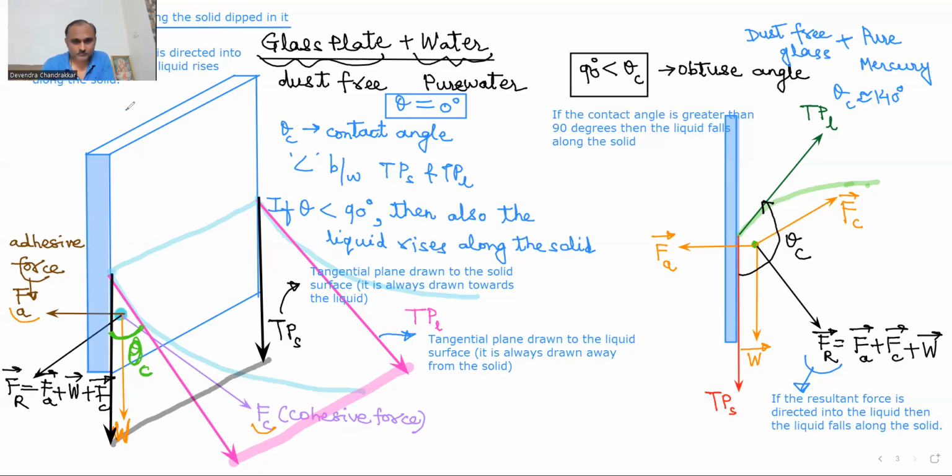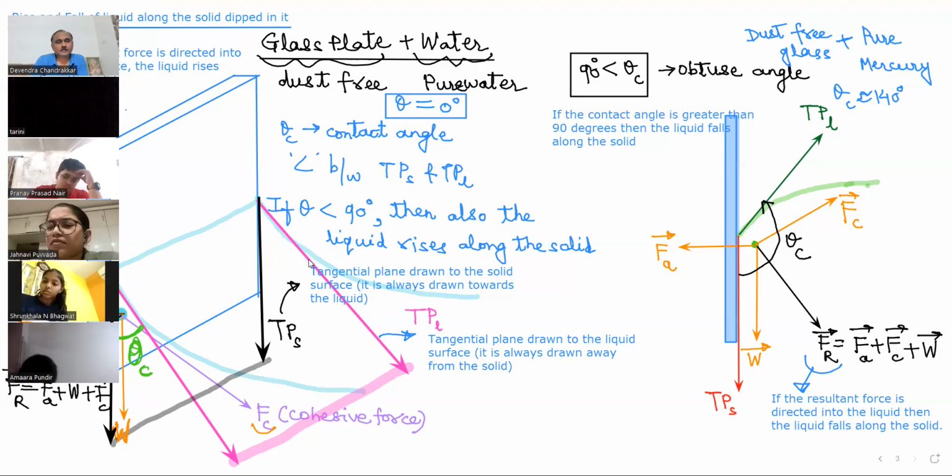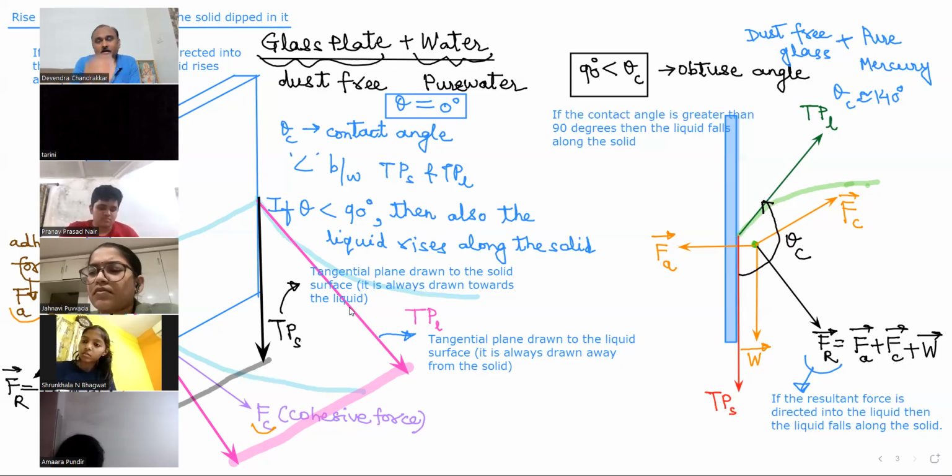Excuse me, sir. So what if the glass is dusty? Does the contact angle change? Tarini, see what happens then is that the angles will be lesser than what is required.